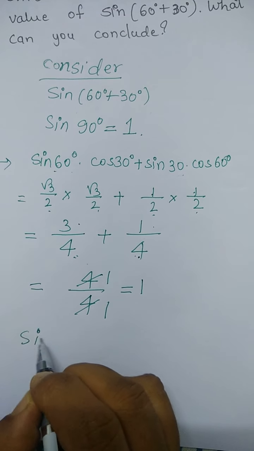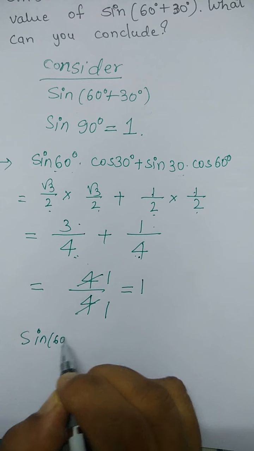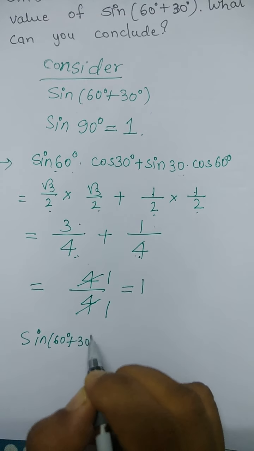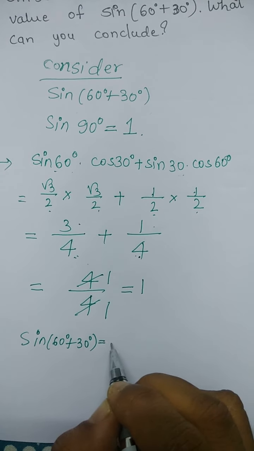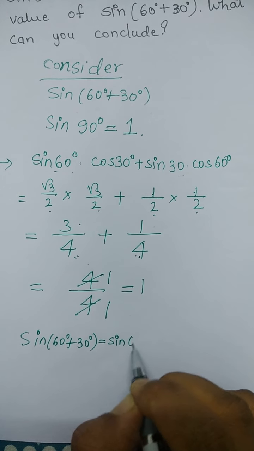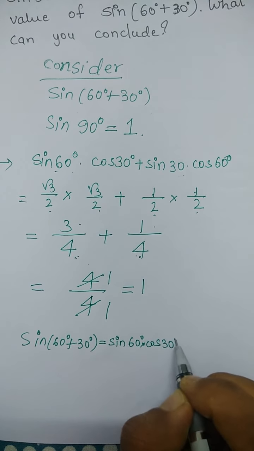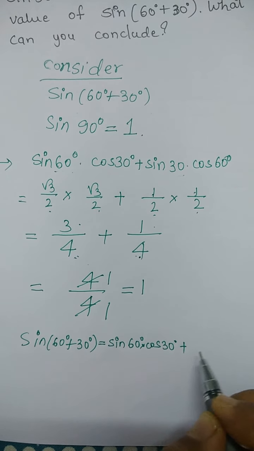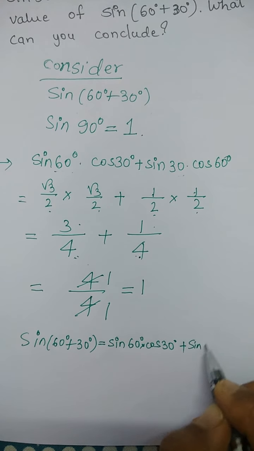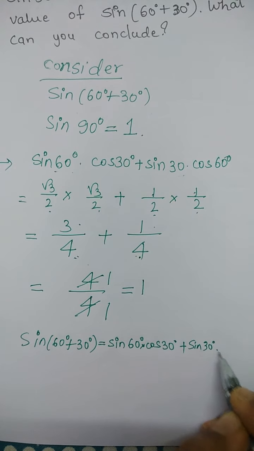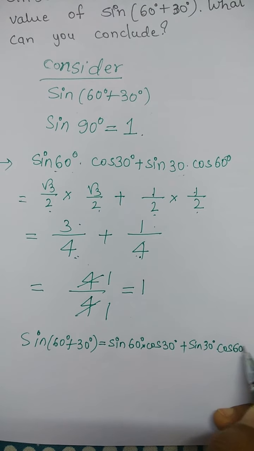Means sine 60 degree plus 30 degree is equal to sine 60 degree into cos 30 degree plus sine 30 degree into cos 60 degree.